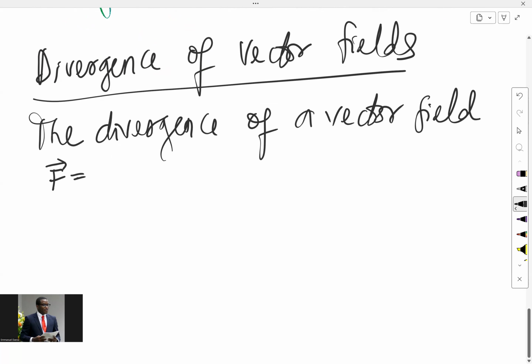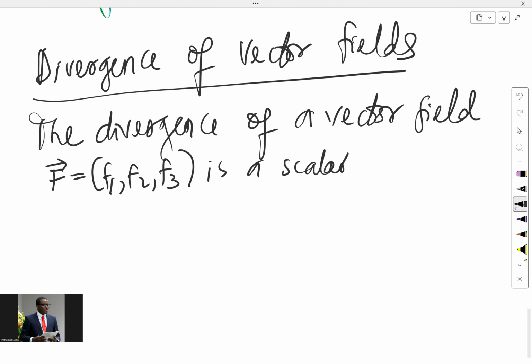here F is a collection of vectors F1, F2, F3, of course, like F1 i plus F2 j plus F3 k. The divergence is a scalar field. So the gradient of a scalar field is actually a vector field, but the divergence of a vector field is a scalar field.